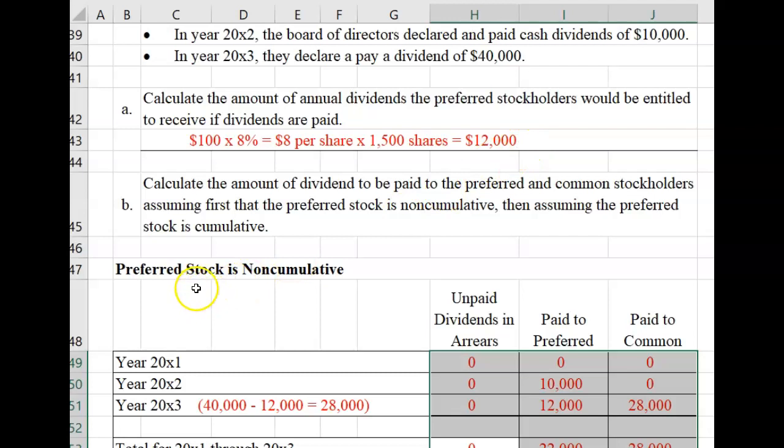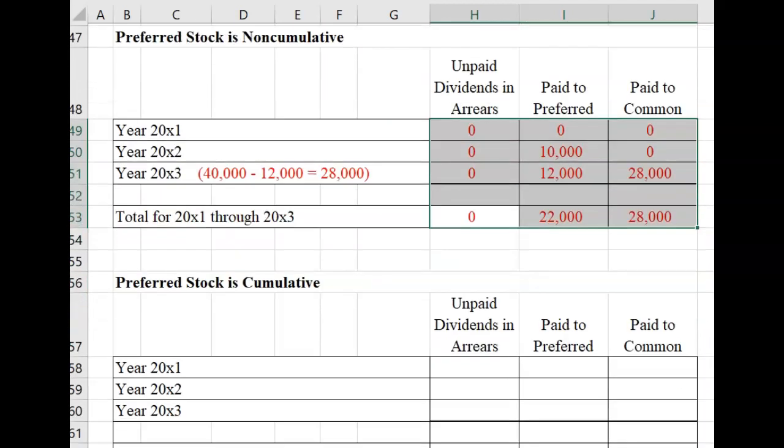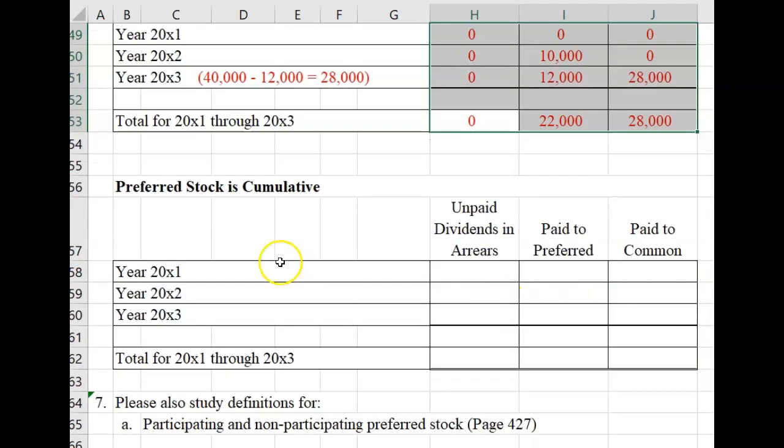But in a cumulative preferred stock situation, if years go by and the $12,000 is never paid, then when finally some dividends are paid, we have to start paying off the old obligation to the preferred shareholders. So there are dividends in arrears in these years.